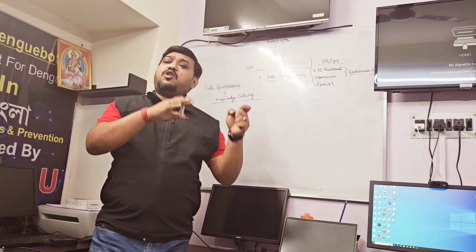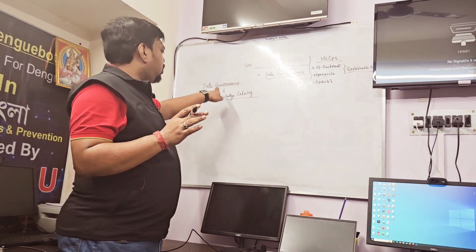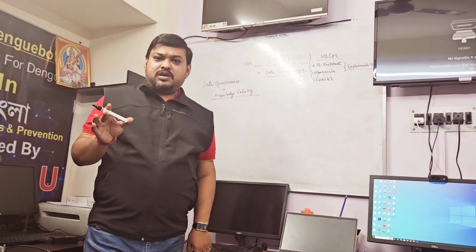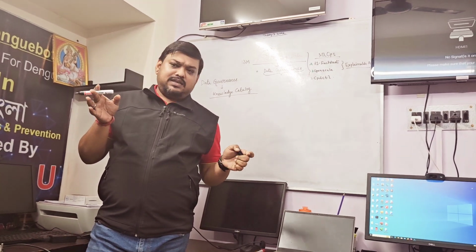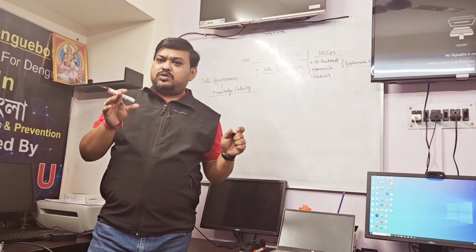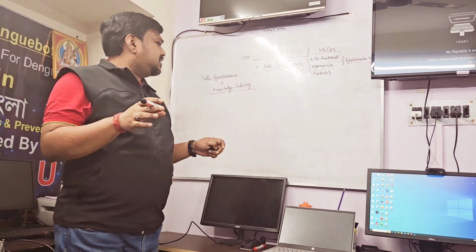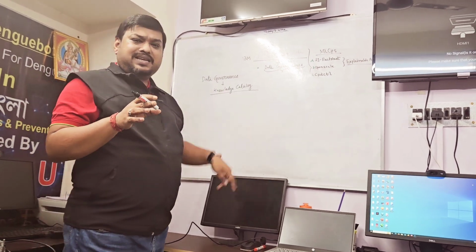Within IBM Cloud Pak for Data, you will find this Knowledge Catalog. Okay. So make this concept very clear: IBM Cloud Pak for Data is the ecosystem. Within that ecosystem, the concept of data governance is tackled by the Knowledge Catalog.